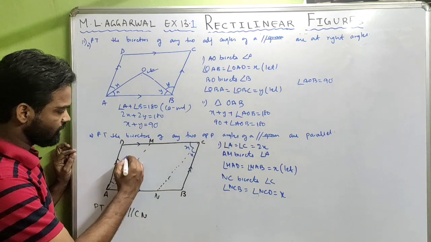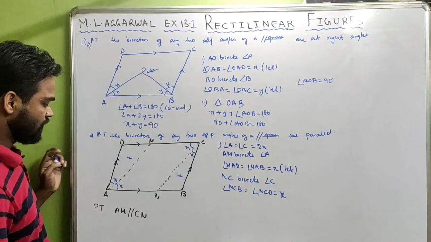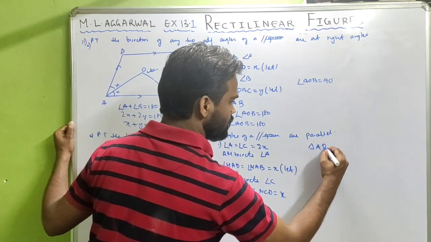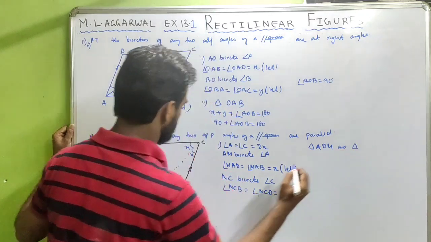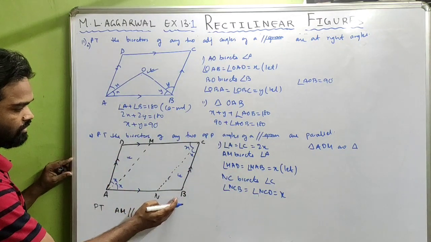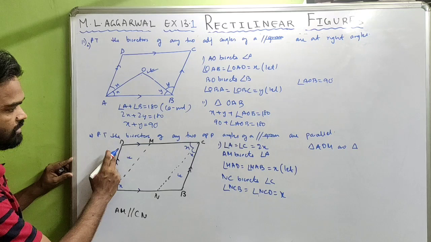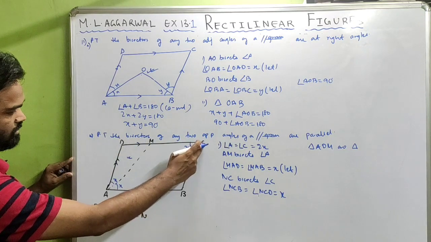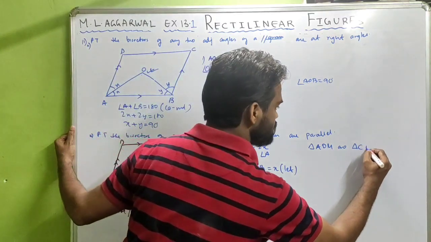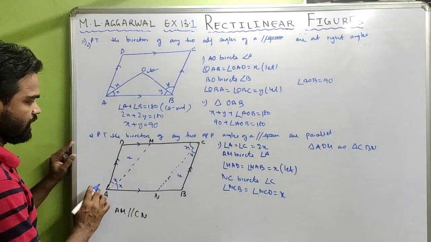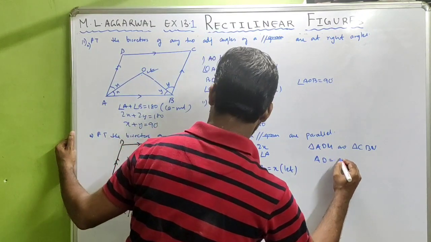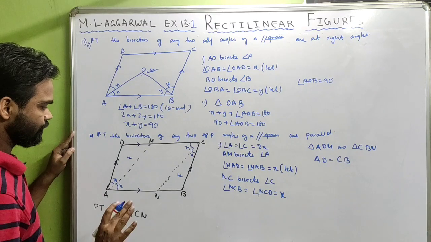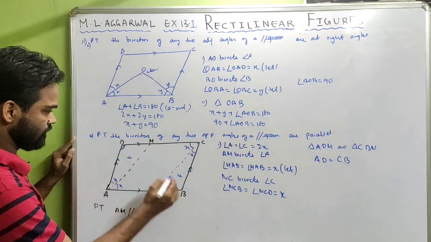Now look at these two triangles. Triangle ADM and triangle CBN. Just look over here. AD is equal to CB. No doubt in that. This angle and this angle are equal.